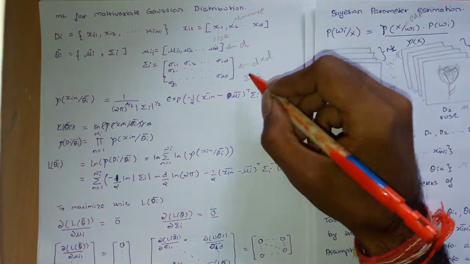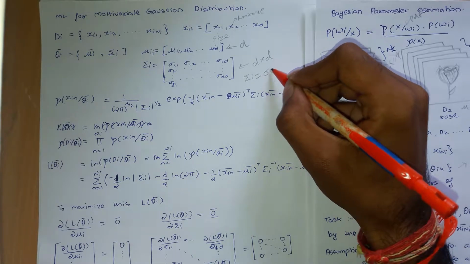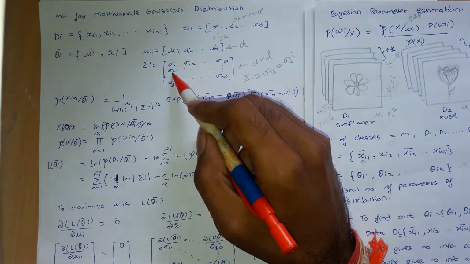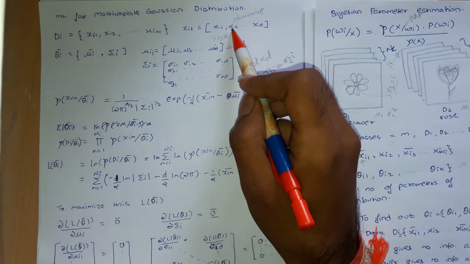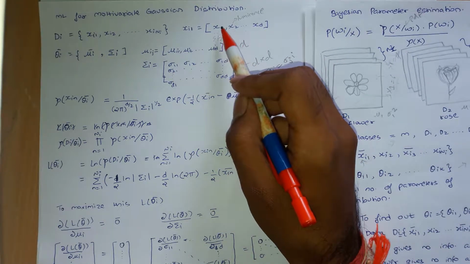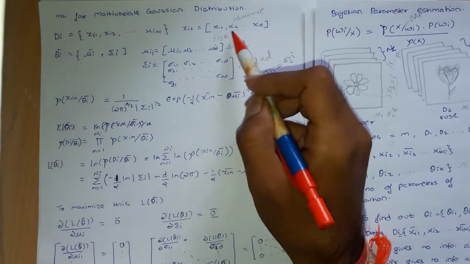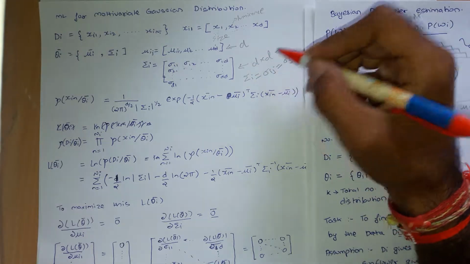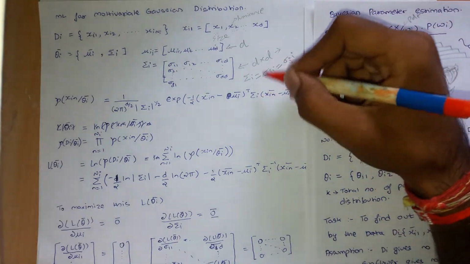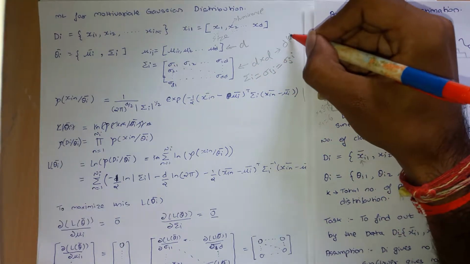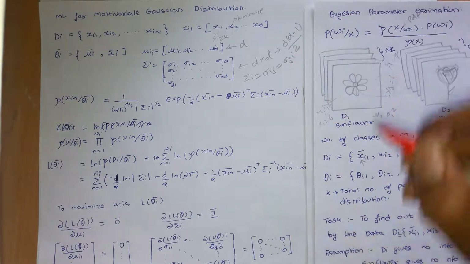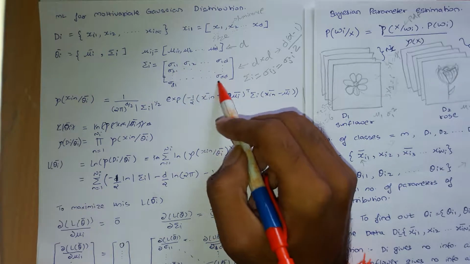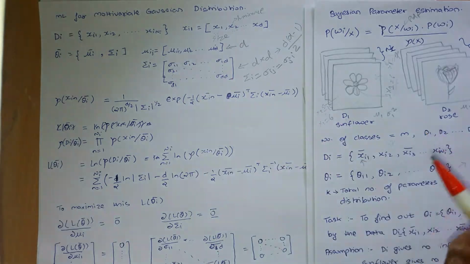Every element sigma ij will be equal to sigma ji, because the covariance of 2 with respect to 1 is equal to the covariance of 1 with respect to 2. These two elements are the same. Because of this, d square comes down to d into d plus 1 by 2, the diagonal elements and the upper off-diagonal elements that we have to calculate.